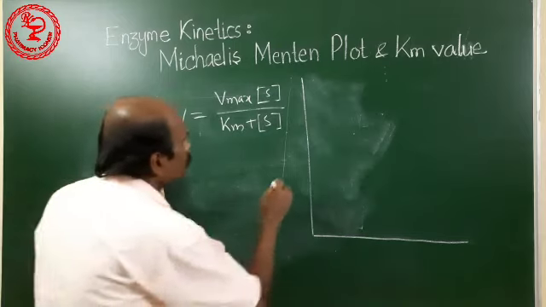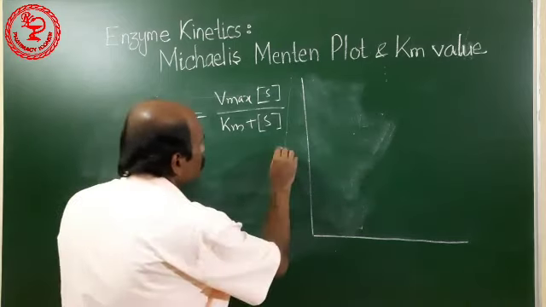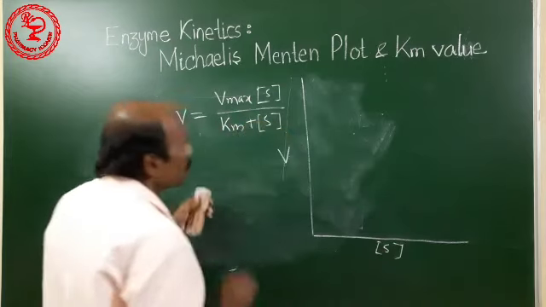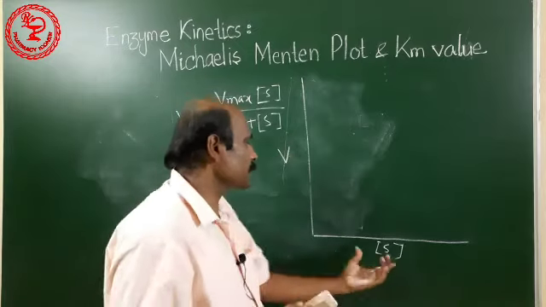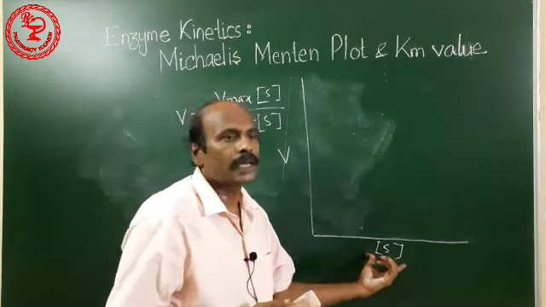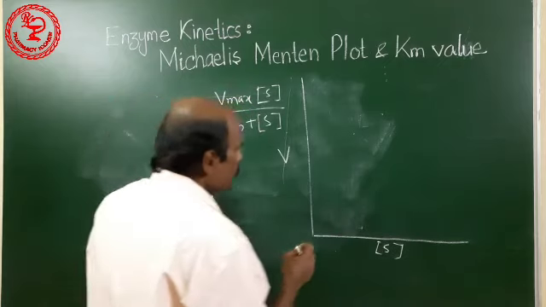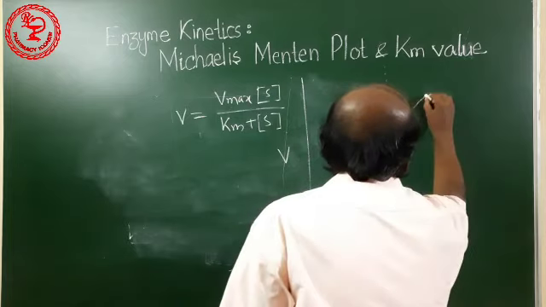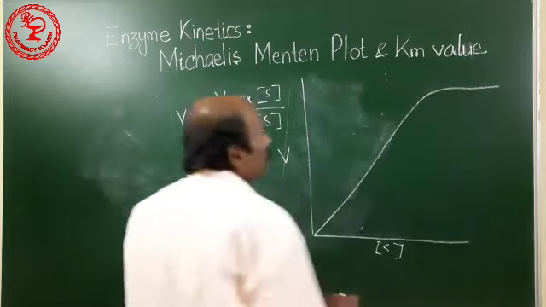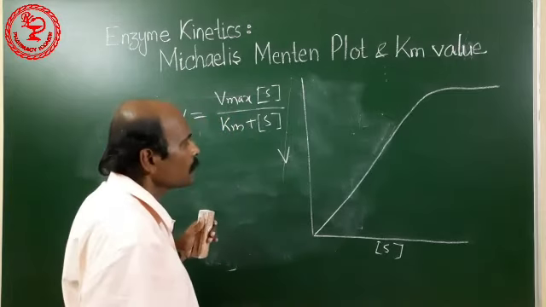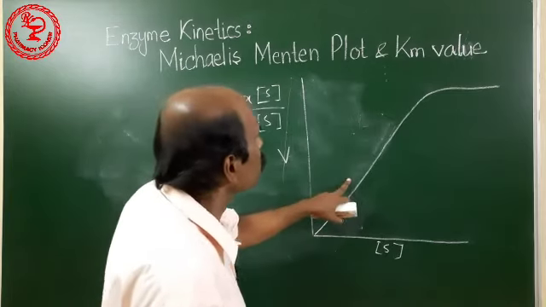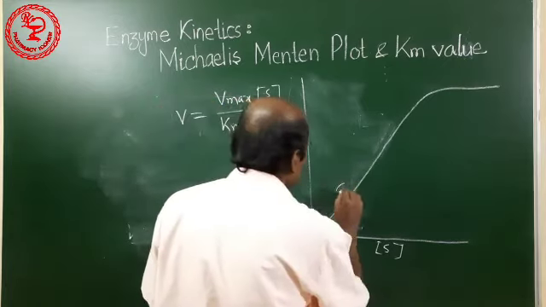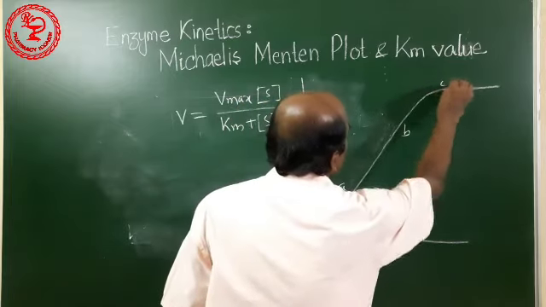Now, we will plot velocity versus substrate concentration, velocity on the y-axis and substrate concentration on the x-axis. Then we will get this type of plot. This plot has three distinct regions, A, B and C.